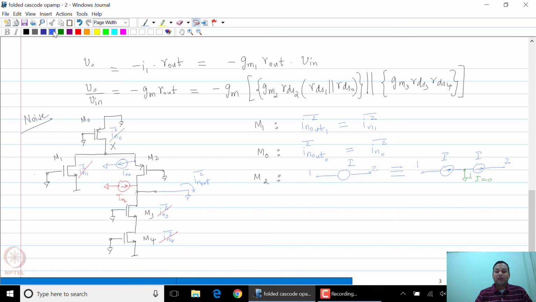And this should be clear, because looking in at the source of M2, I have a short circuit at the drain of M2, and therefore looking in impedance at the source of M2 here would be 1 over GM in this case, in the case of noise analysis, and that is clearly much smaller than RDS0 and RDS1. And so clearly noise of all of IN2 in blue color will flow into the output short circuit.